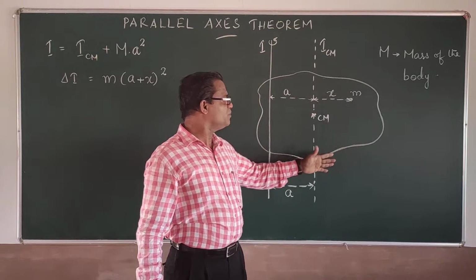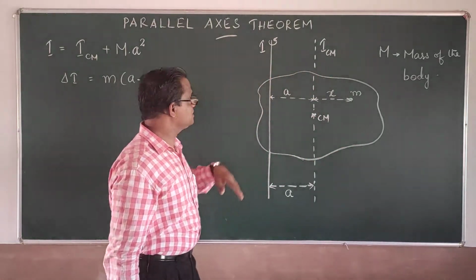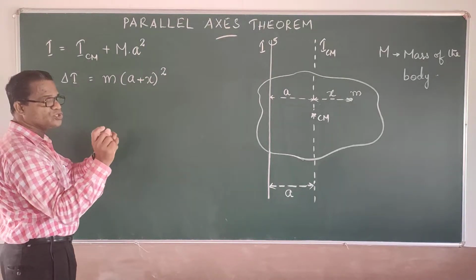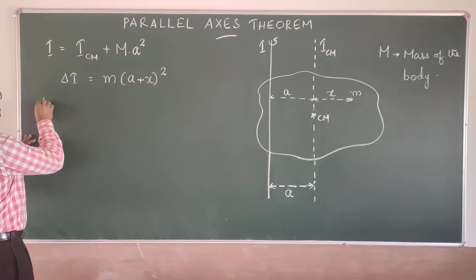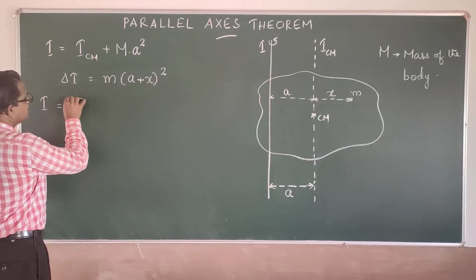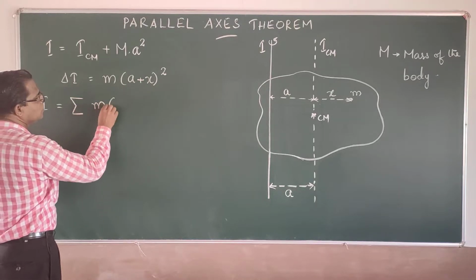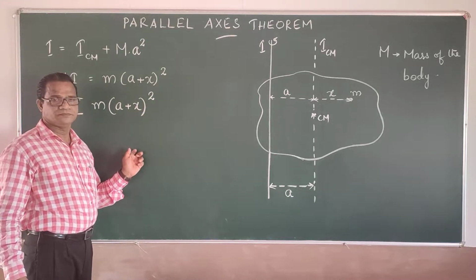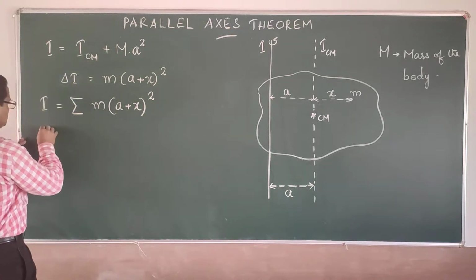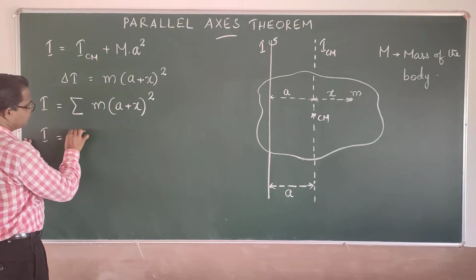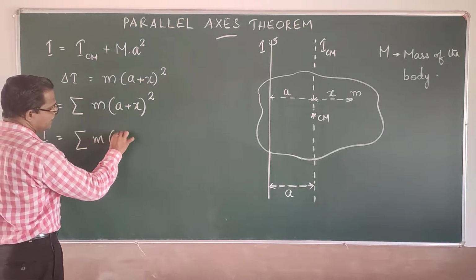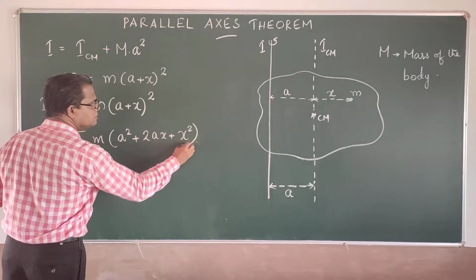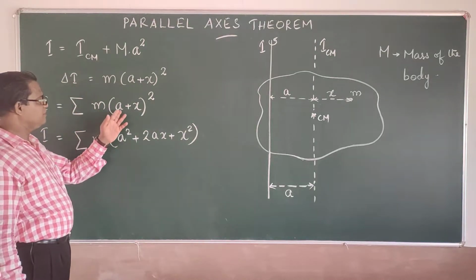If I want to find the moment of inertia of the whole body about the given axis, I will be summing these small moments of inertia, and therefore I equals sum of m into (a plus x) the whole square. I can rewrite this as sum over m into (a square plus 2ax plus x square), nothing but expanding (a plus x) all square.